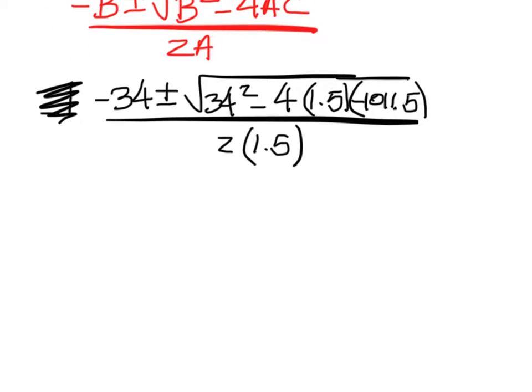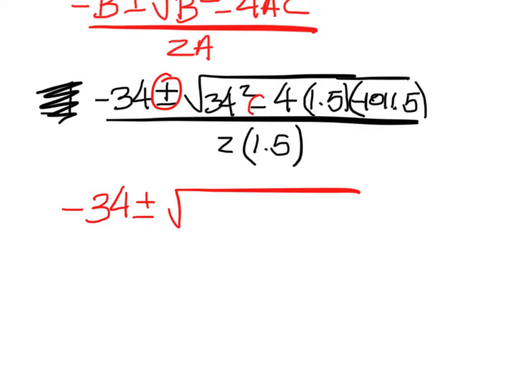So you have to solve this two different ways. Once with a plus here, once with a minus. So we'll keep the negative 34 plus or minus and solve what's under this first. Notice you have a double negative there, so it's going to end up plus.